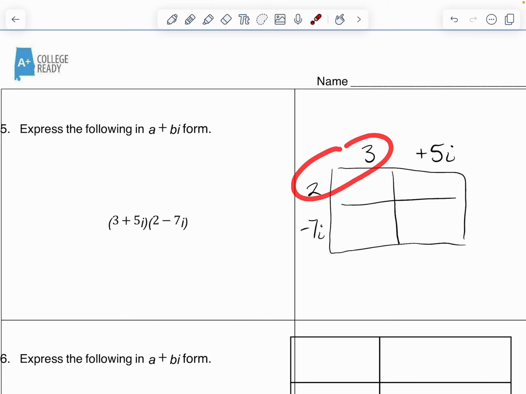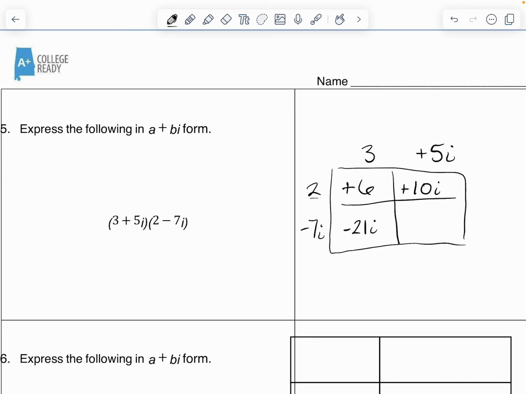So let's think about what's going on. 2 times 3 is going to give me 6, so we've got positive 6 in this first box. 2 times positive 5i is going to give me a positive 10i. Okay, negative 7i times 3 is going to give me a negative 21i.